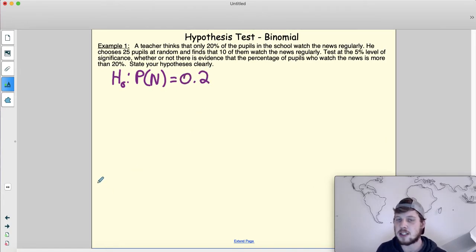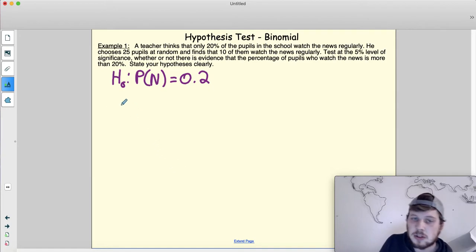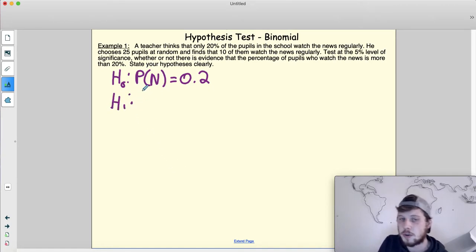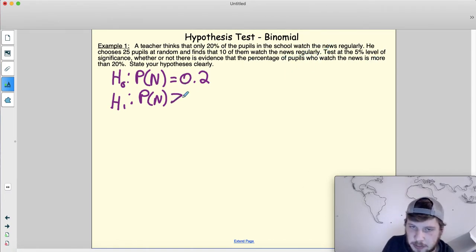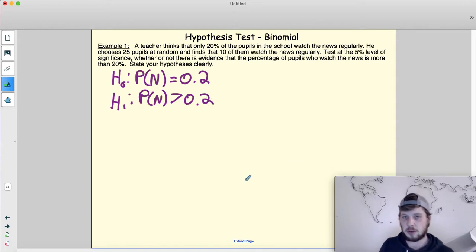And that would be my null hypothesis. My alternate hypothesis would be that this is actually not the probability, it would indeed be more than 20%, because this final line says the percentage of people who watch the news is more than 20%, so it'd be greater than 0.2.